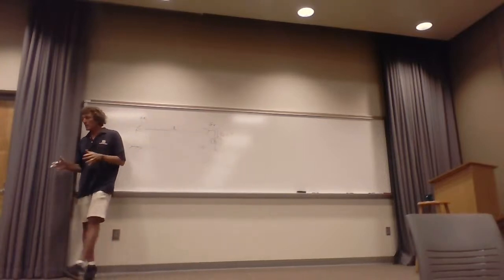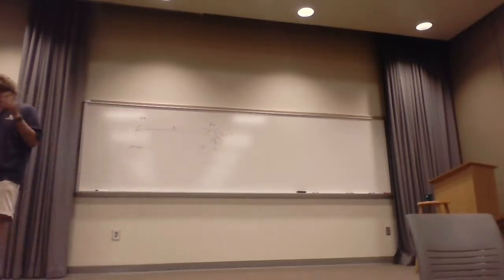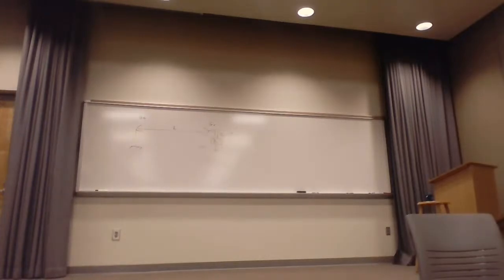If I want the power, I take the real portion of Z load, and it's one half the magnitude of I load squared times the real part of Z load.